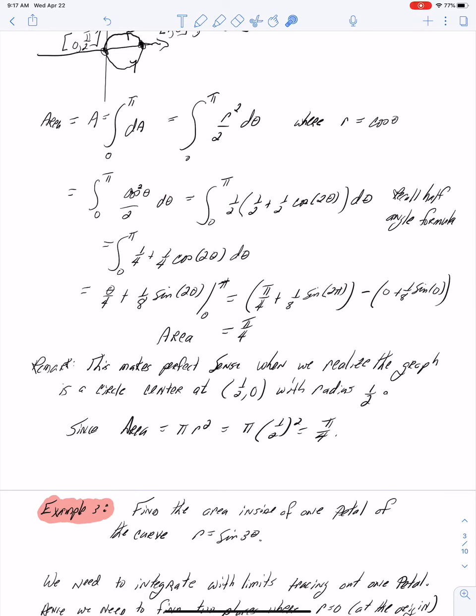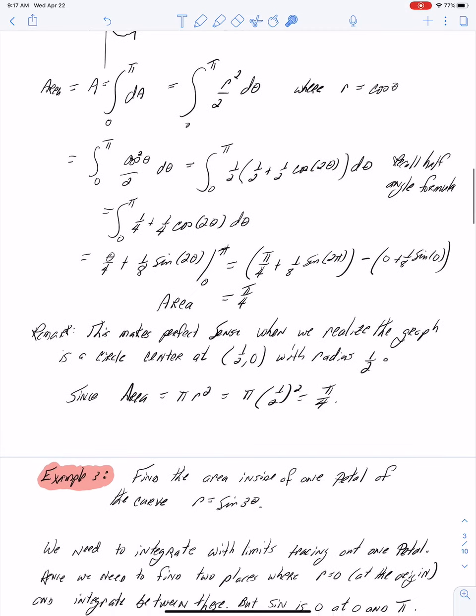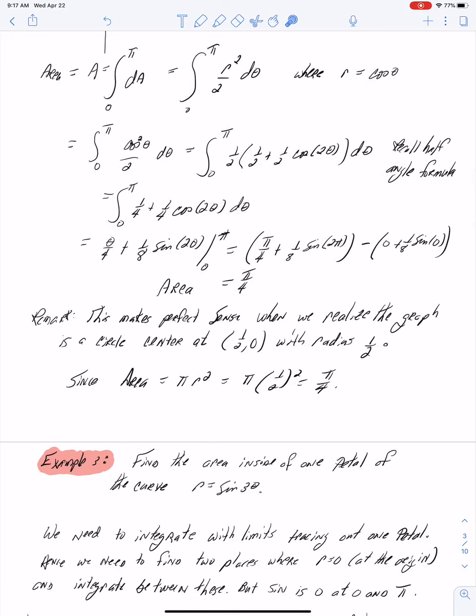All right, and just for fun, you recall how to do cosine squared. You have to use a double angle formula. Cosine squared is a half plus a half cosine 2 theta. I have this other half on the outside. That becomes a quarter plus a quarter cosine 2 theta. When I integrate that, I get theta over 4, add, and then this is integrated by u substitution.